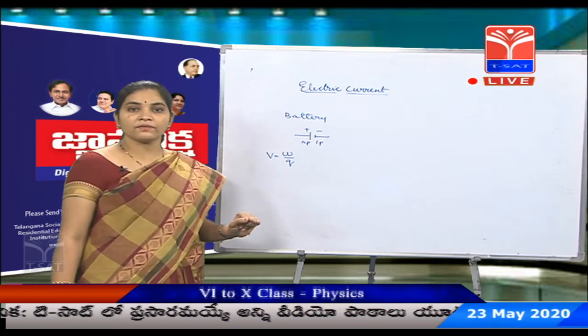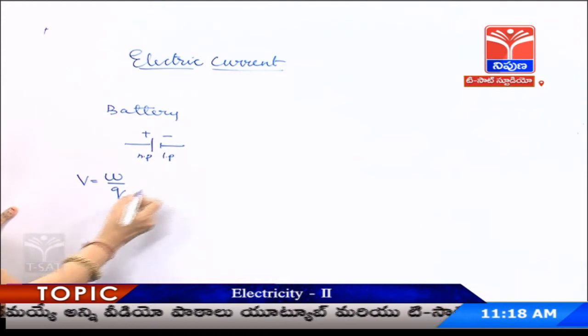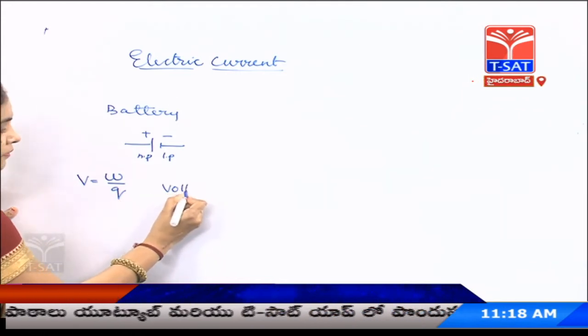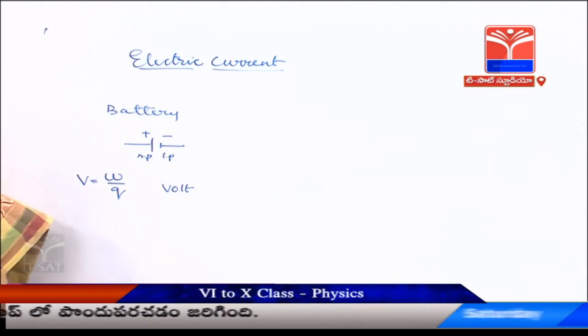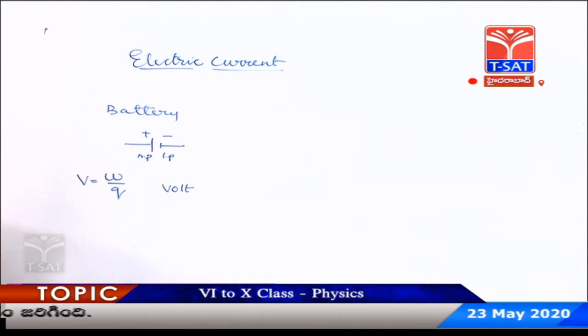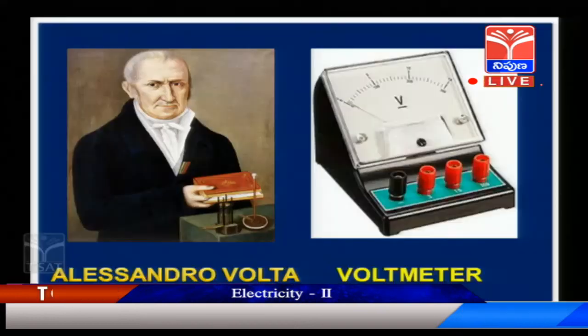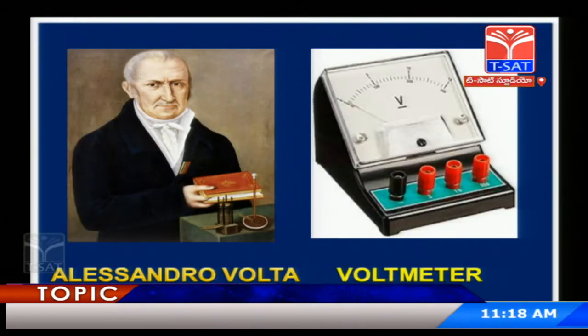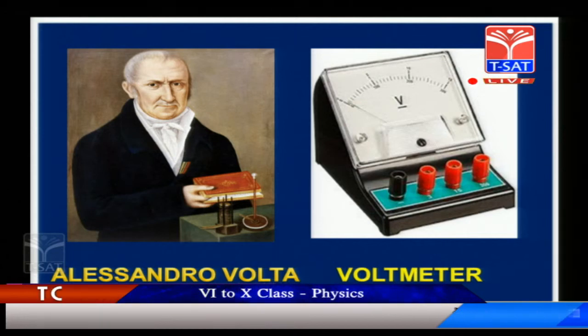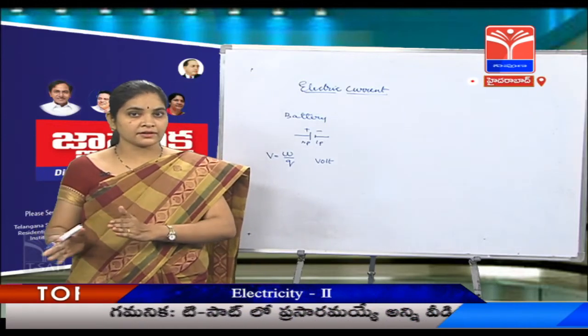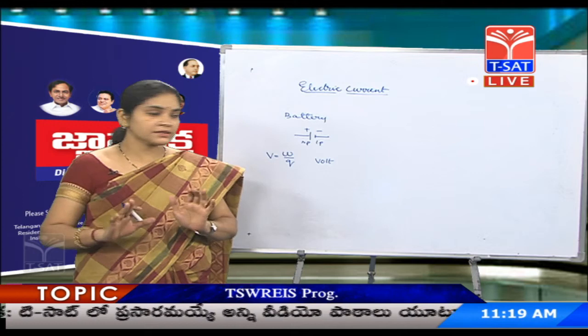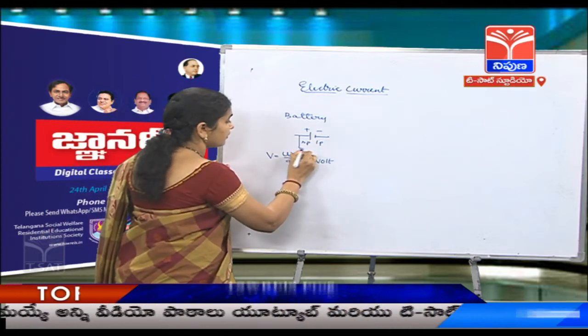The unit of electric potential is volt. It is named after Alessandro Volta, a famous Italian physicist who prepared a cell which can convert chemical energy into electrical energy. As it measures potential difference across the conductor, it must always be connected in parallel.